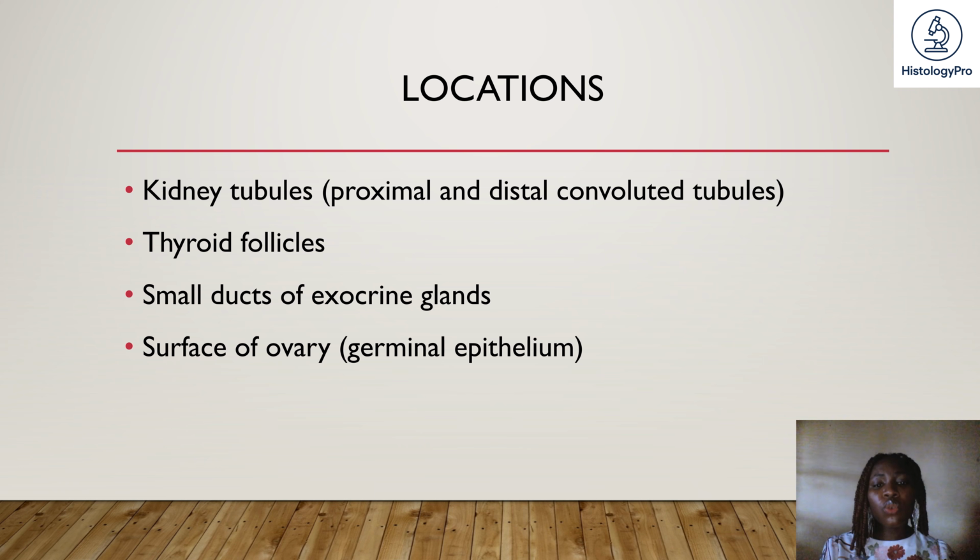Additionally, simple cuboidal epithelium lines the small ducts of exocrine glands, where it helps transport secretory products. Another important location is the surface of the ovary, also known as the germinal epithelium, which covers the ovary. This location highlights the roles of simple cuboidal epithelium in secretion, absorption, and transport.